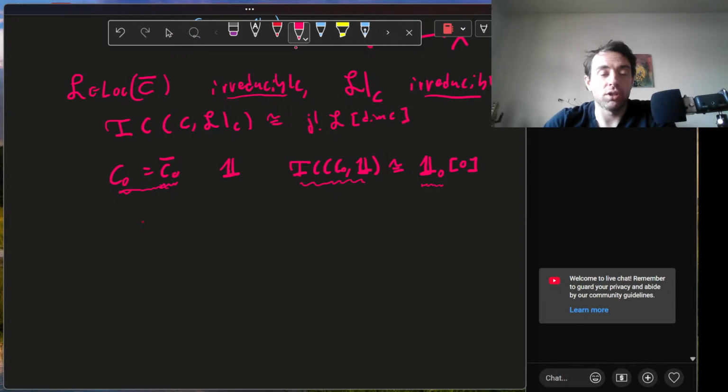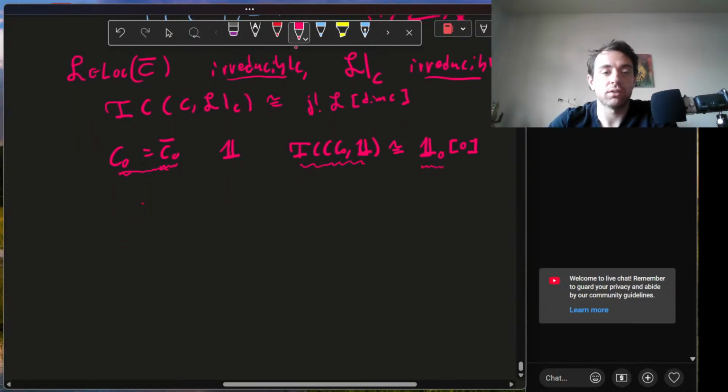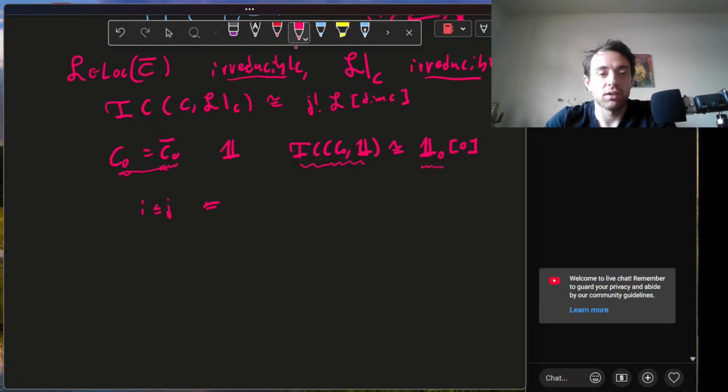Likewise, if we consider, there's an important thing I also didn't tell you: I is less than J if and only if Ci is a subset of Cj closure.